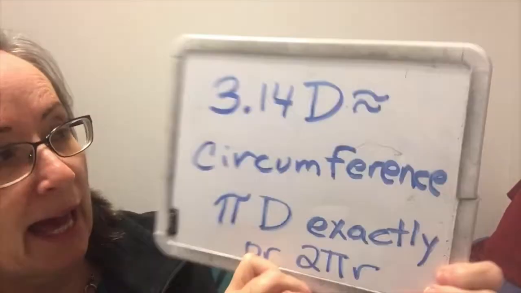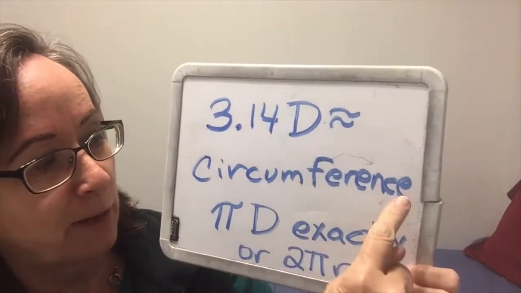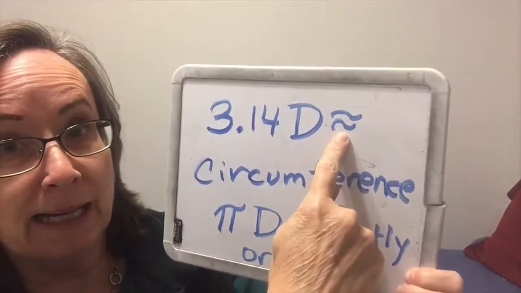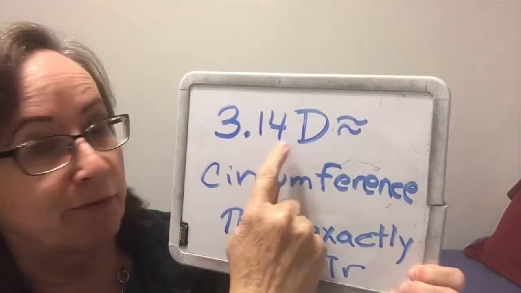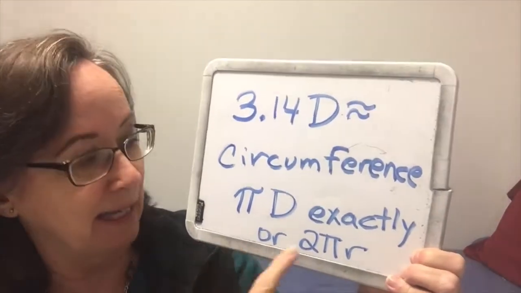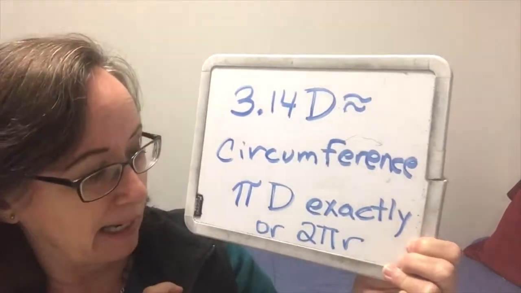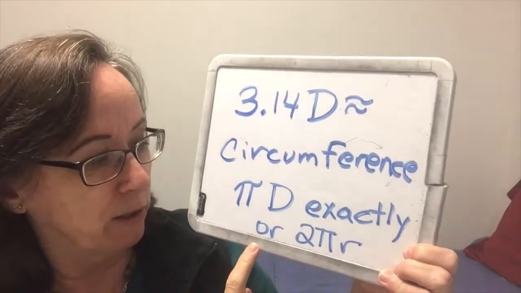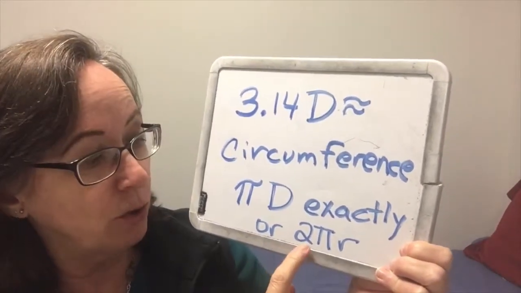So we have 2 very important formulas that we're going to use. And the first one we have been talking about, and that is the circumference is approximately 3.14 times the diameter, but it is exactly pi times the diameter, or we could write exactly 2 pi r.